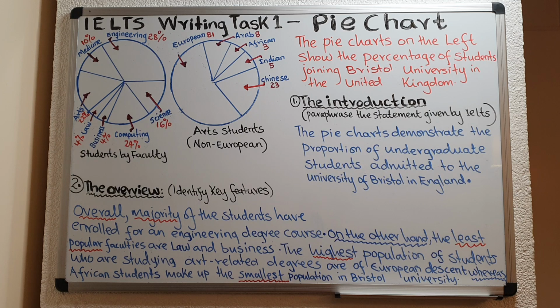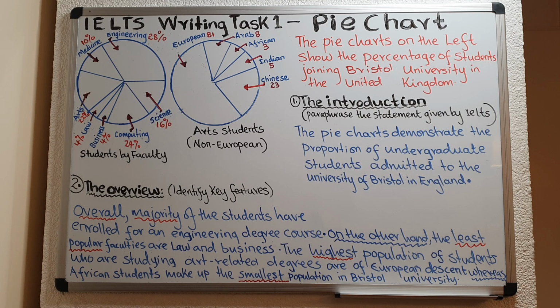That is extremely important. Write it in your own words. And as you can see, the introduction is simply one sentence. I usually recommend to my students that the introduction should not be more than 1 to 2 sentences. If IELTS statement is one sentence, then simply rewrite that statement and ensure that it is also one sentence.